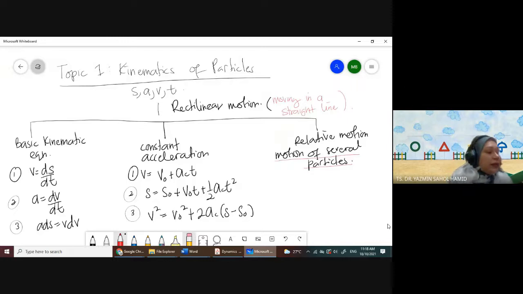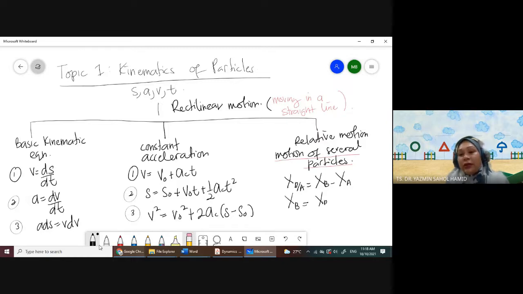So what is the relative motion of several particles? Let's say we have two particles. x_B/A will equal x_B minus x_A. If you want to find x_B, it will equal x_B/A plus x_A.